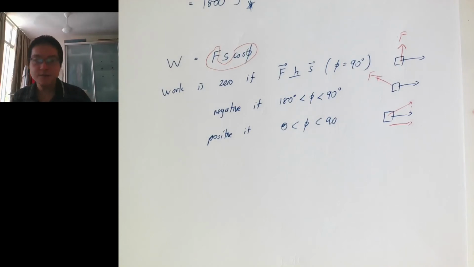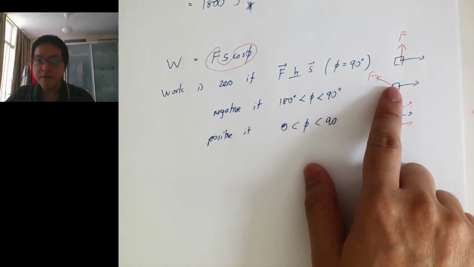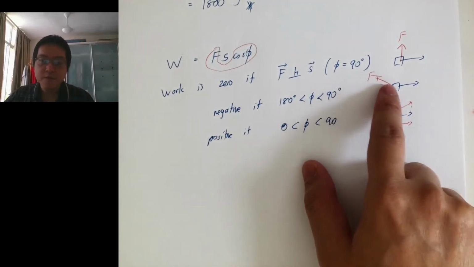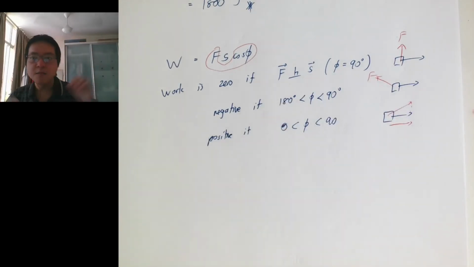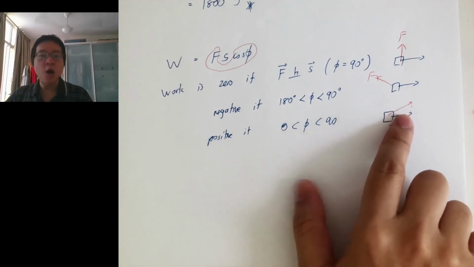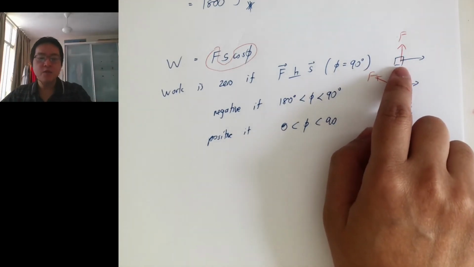This is why you get positive, negative, or zero. Negative work done means the force is working against the motion of the object. Positive is contributing towards the motion of the object. And zero means no effect.